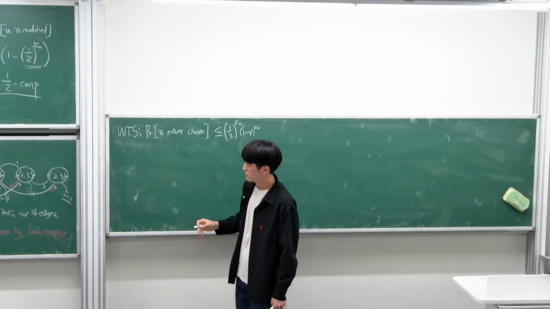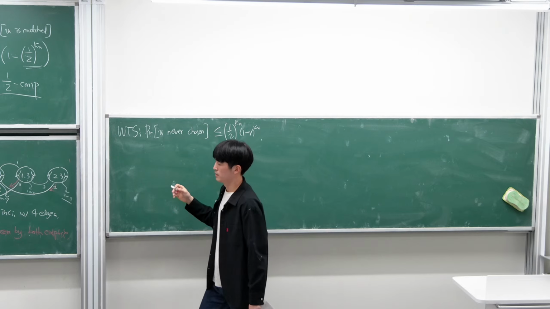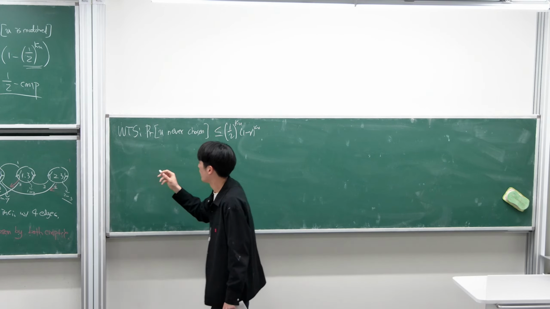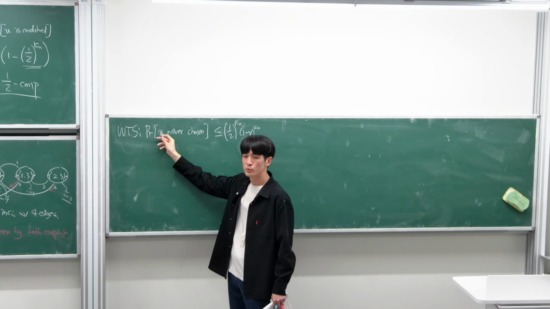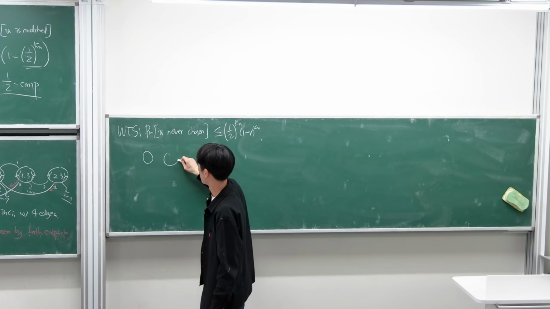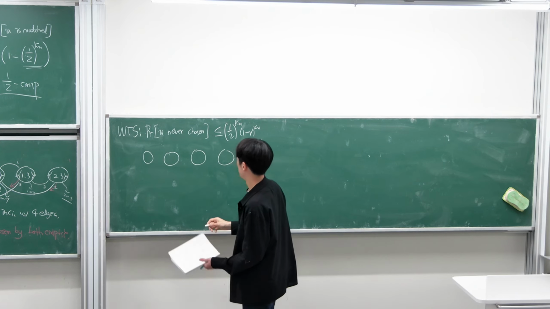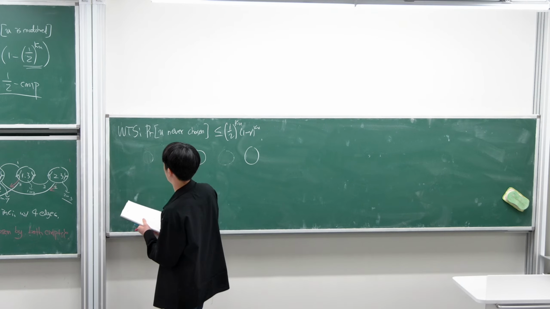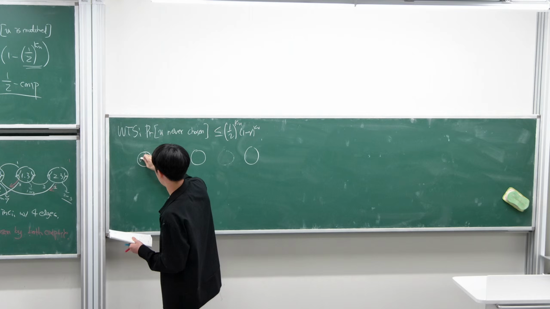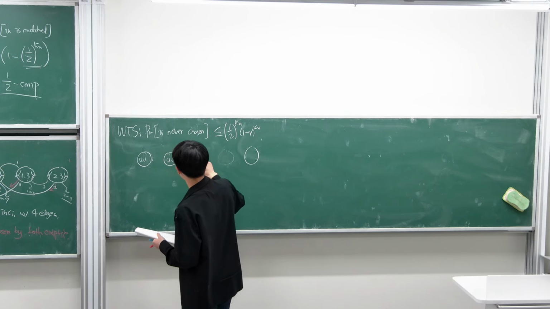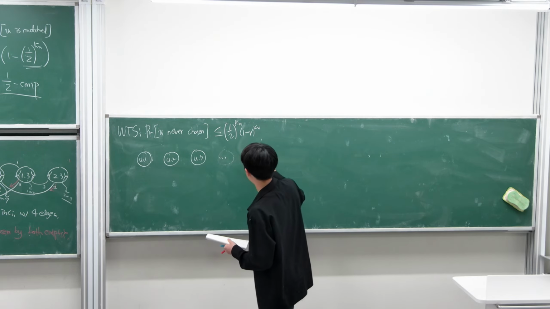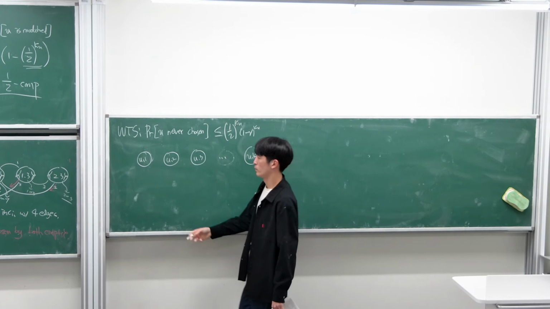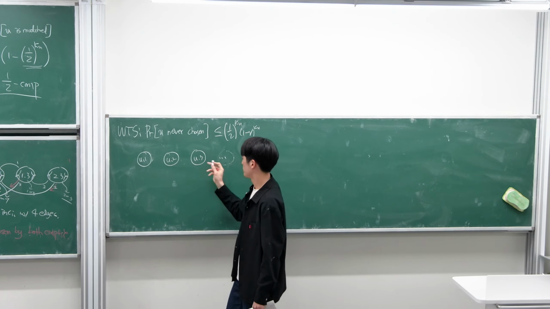So let's consider the subgraph of this auxiliary graph induced by the vertices containing U. Suppose it looks like so, and let's say the pairs are exactly in this way.